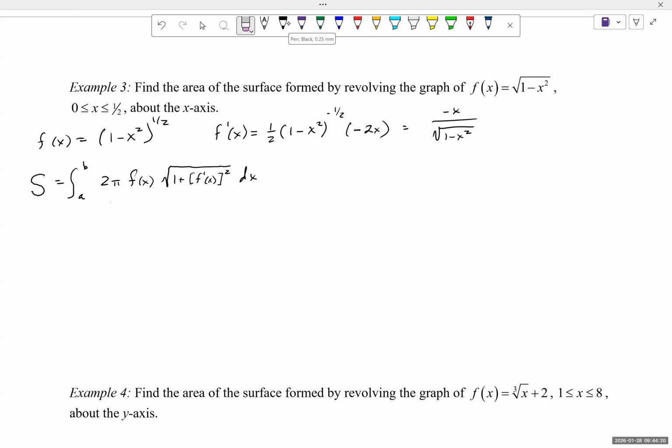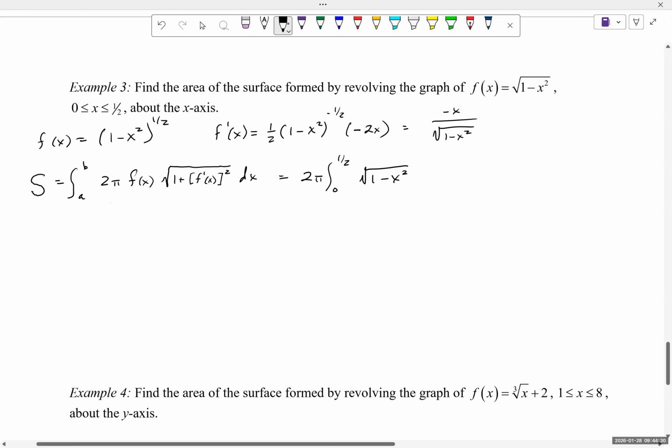So if you like that, go for it. But all right, what do we have? We've got the 2 pi on the outside, integral from 0 to a half. F of x is simply the square root of 1 minus x squared. And then we have the square root of 1 plus the derivative squared, which is going to look like, I'm just going to put it in without skipping steps for a moment.